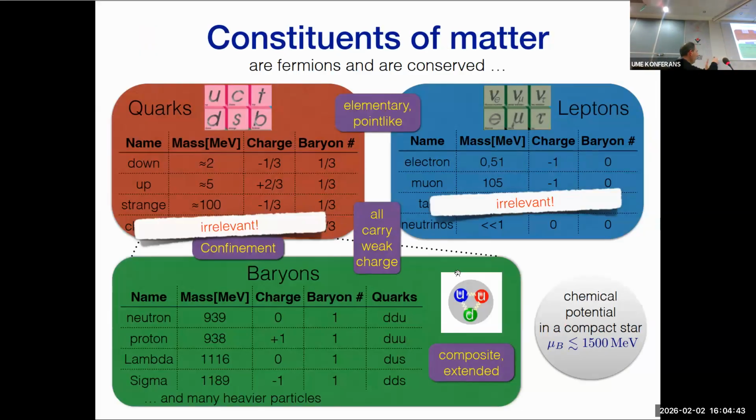You can start from the standard model and the particle content it has. In the standard model, you have quarks, these are these guys, and everything we know is made out of an up and down quark, but there are heavier quarks. Now, in a neutron star, you have an upper limit of energy or density and chemical potential, and the maximum chemical potential in a neutron star is of the order of 1.5 GeV.